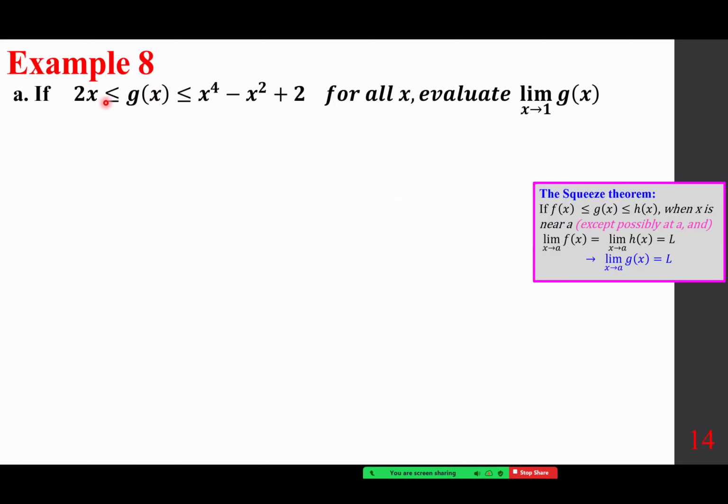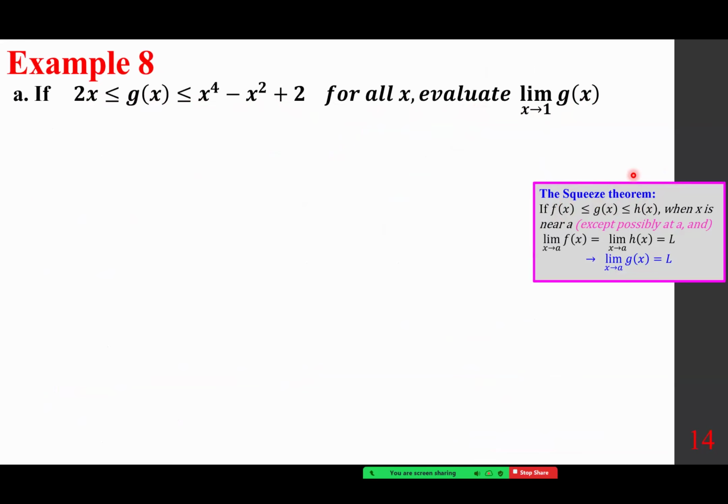If g of x is between 2x and x to the power 4 minus x squared plus 2, for all x, we want to evaluate the limit of g of x as x approaches 1. So we are looking at what's called the squeeze theorem, also known as the sandwich theorem, because g of x is sandwiched between the two functions.